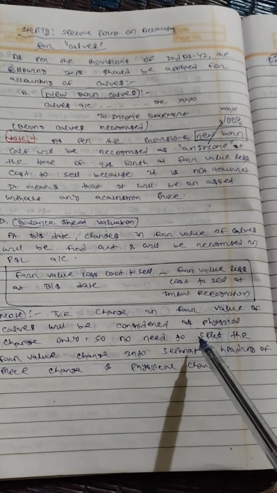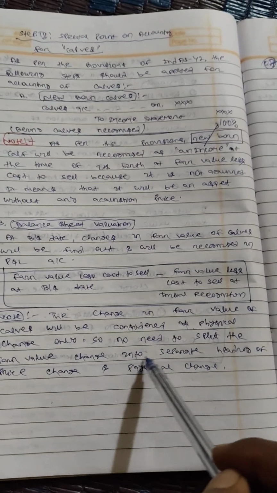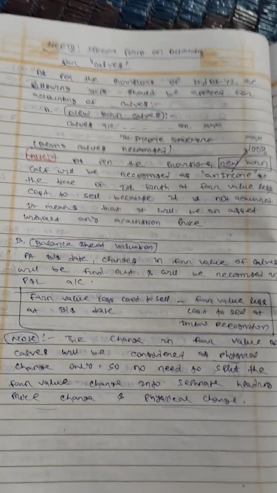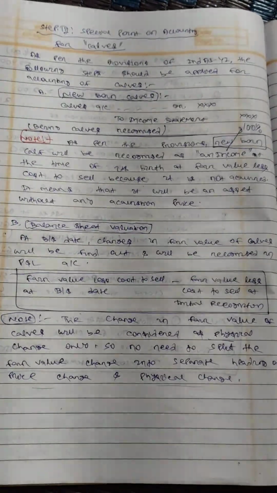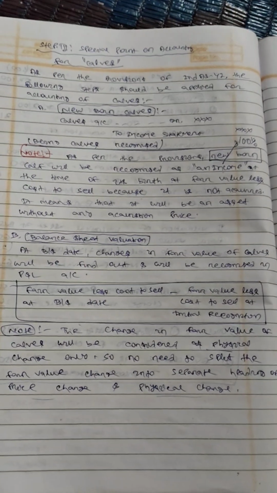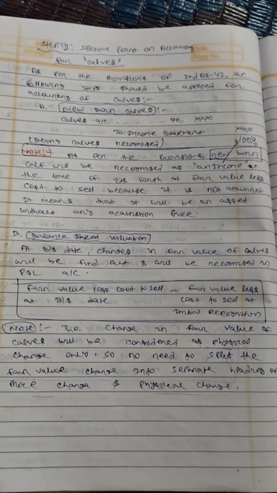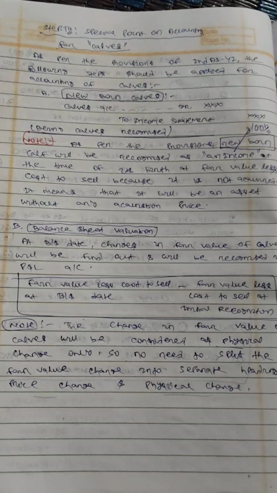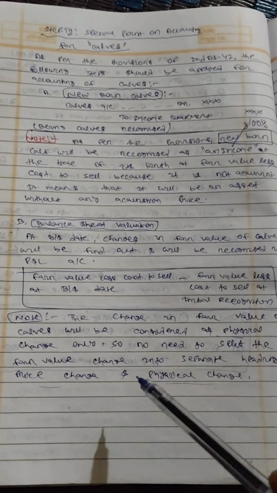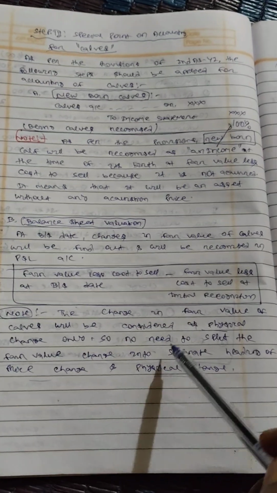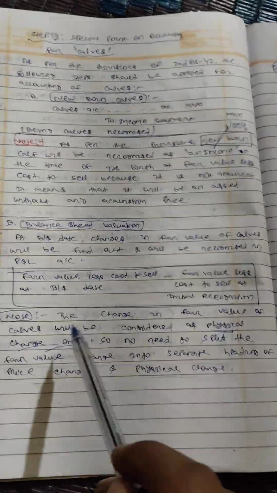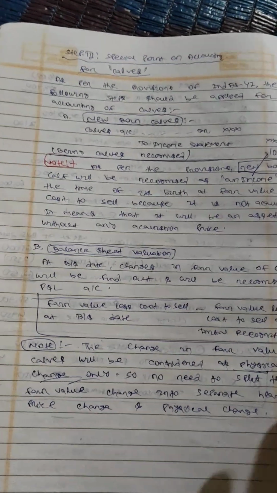There is no need to split between price change and physical change, as we did earlier for cows acquired. There, after the balance sheet date, we categorized the change into two categories: price change and physical change. But in this case, we directly transfer to P&L as physical change, not price change. Thank you.